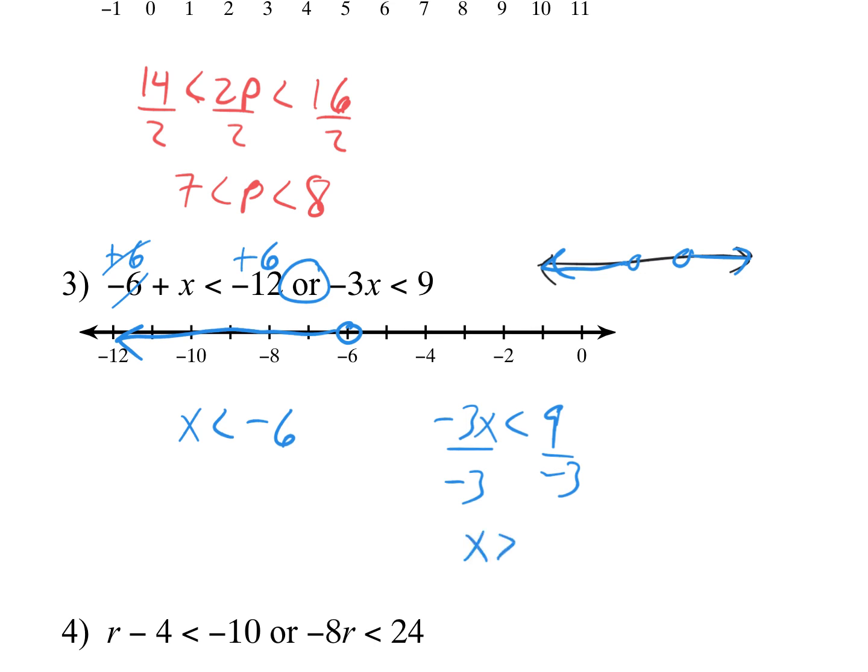It's going to become x is greater than negative 3, because you divided by that negative. Negative 3 is going to be between negative 4 and negative 2. So we're going to have an open circle right there, and it's going to go in this direction. All right, and there's your graph.